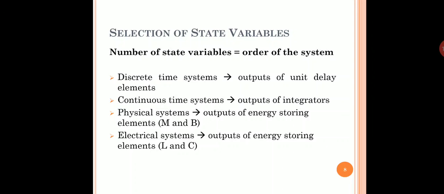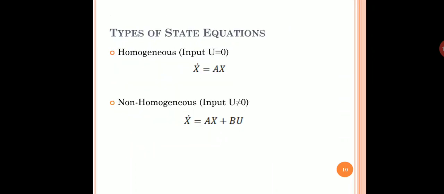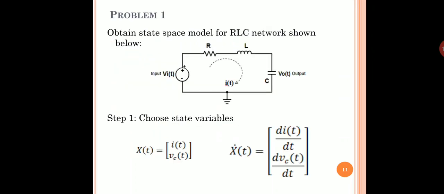L and C, that is the inductor and capacitor. In our example the energy storing elements are L and C. There are two energy storing elements, therefore there are two state variables, and we can say this is a second order system.